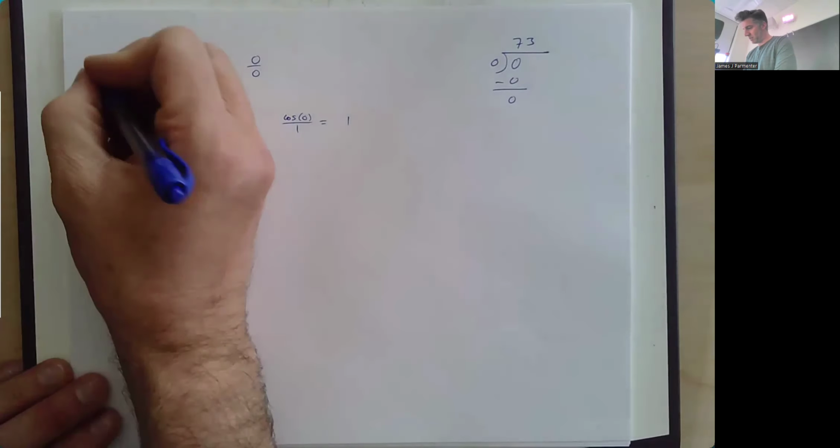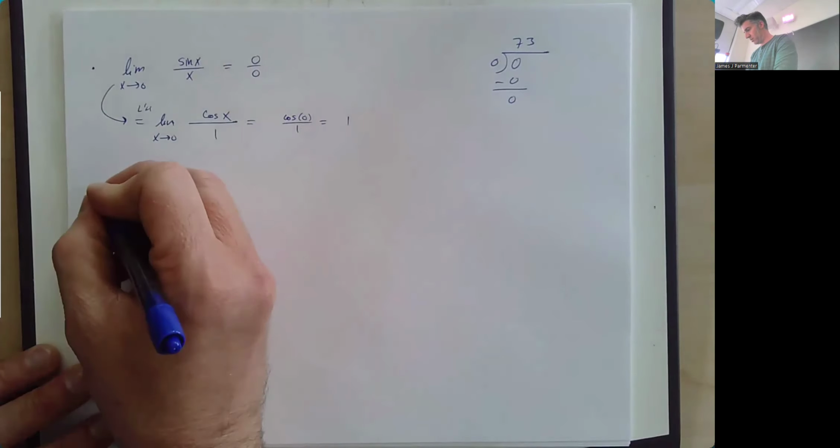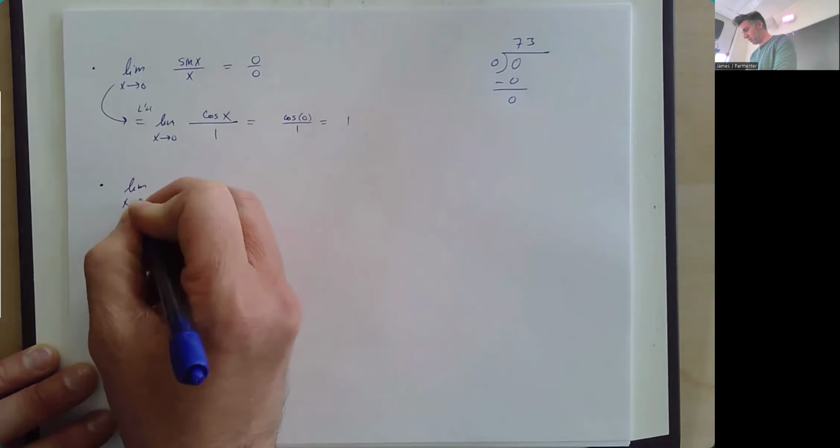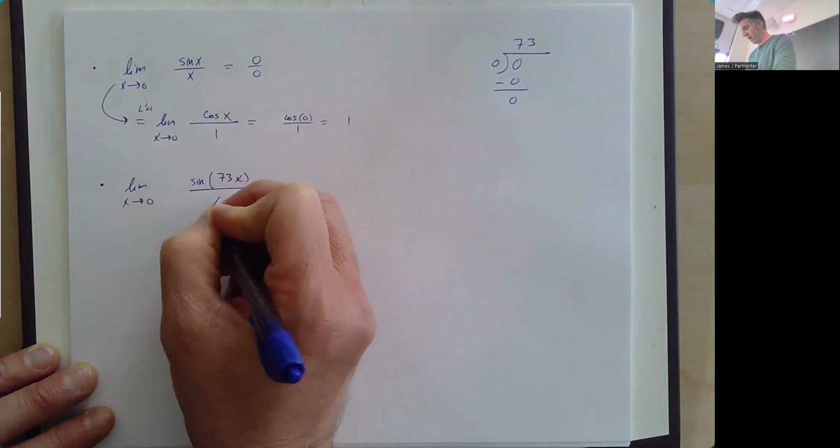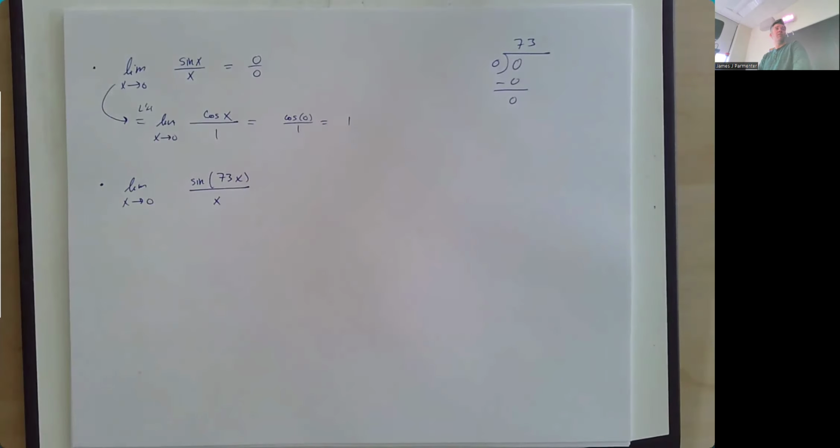Could I make one that comes out to be 73? Of course I could. The limit as x goes to 0 of sine of 73x over x. That limit will definitely be 73 because it's still a 0 over 0 type. If I plugged in 0, I would get 0 over 0.